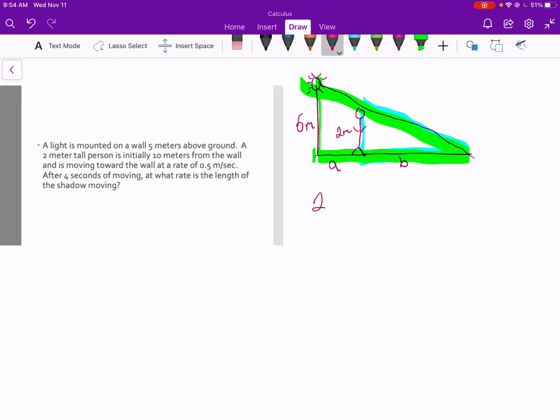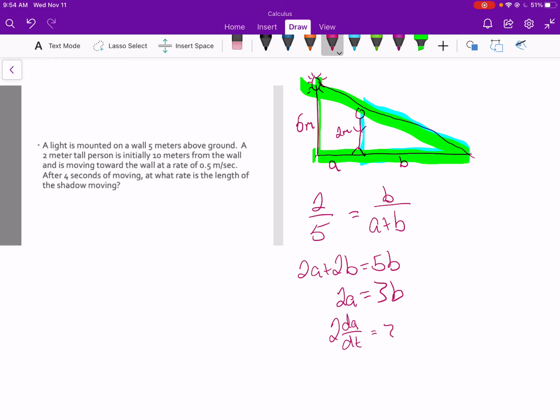So in this case, our equation 2/5 is going to equal B over A plus B, and I can cross multiply to get 2A plus 2B equals 5B, and then I'm going to subtract the B's over, so I get 2A equals 3B. So this is my equation. Now I want to take the derivative, so I get 2 dA/dt equals 3 dB/dt.